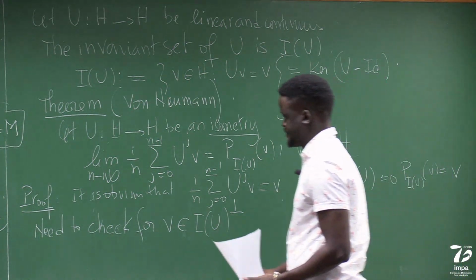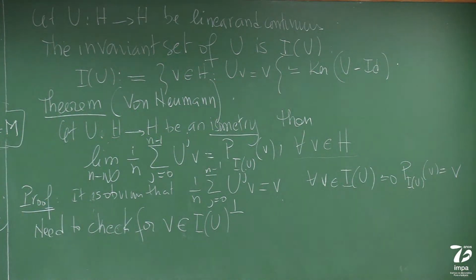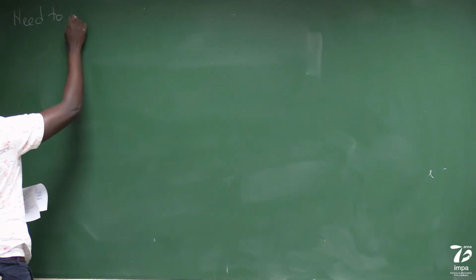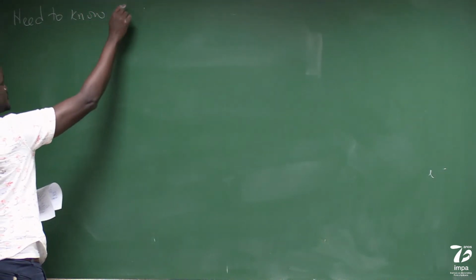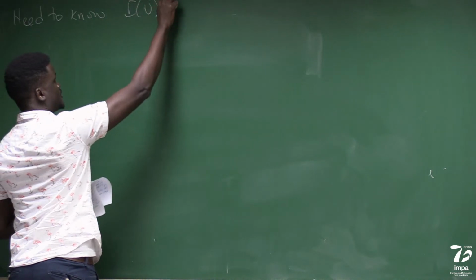All right, to do this, let's try to understand what is I_U orthogonal, the orthogonal of this subspace. So we need to know I_U orthogonal.